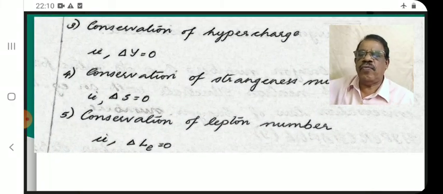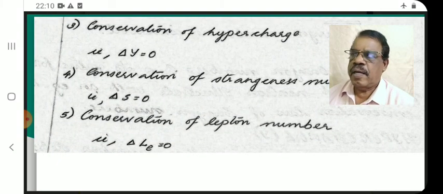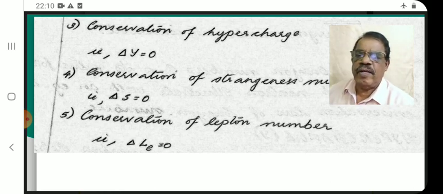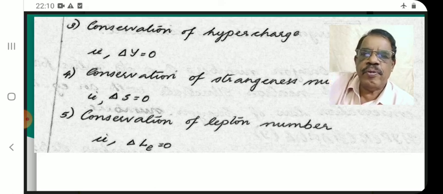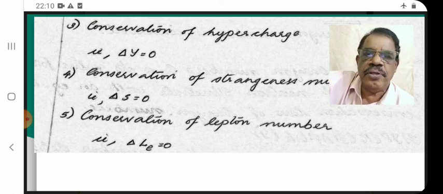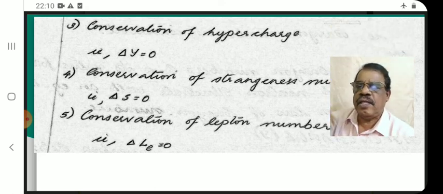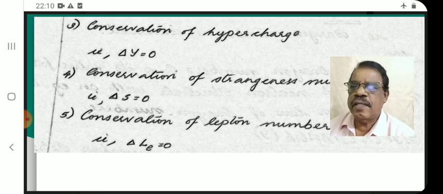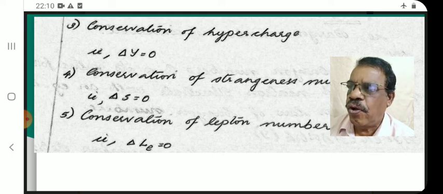You know hypercharge Y is B plus S, the baryon number plus the strangeness number, that is also conserved. That is, hypercharge before interaction is equal to hypercharge after interaction, that is, delta Y is equal to 0.